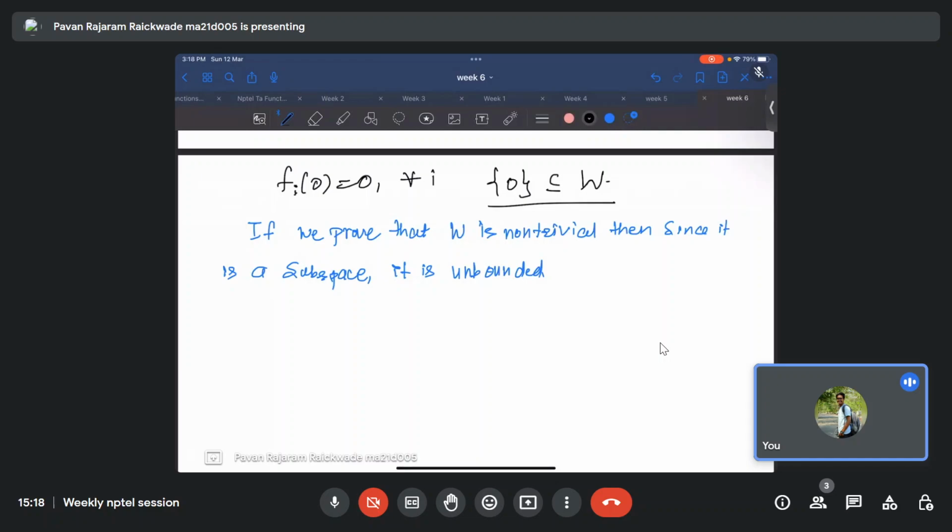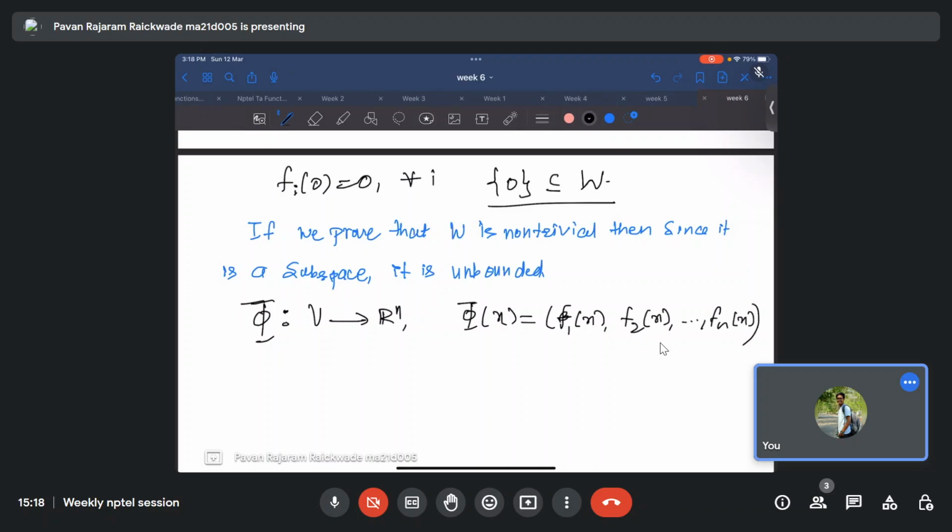So for proving W is non-trivial, we'll consider the mapping phi from V to R^n given by phi of x equals (f1 of x, f2 of x, ..., fn of x).